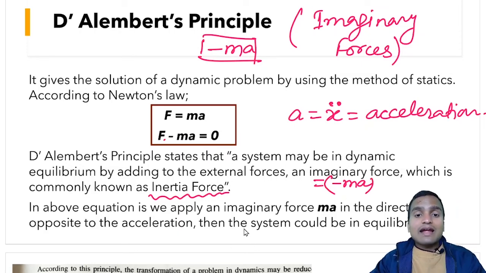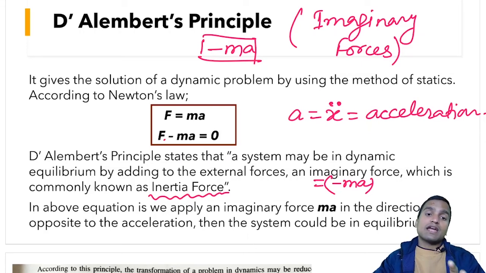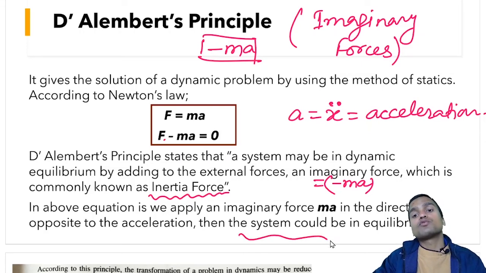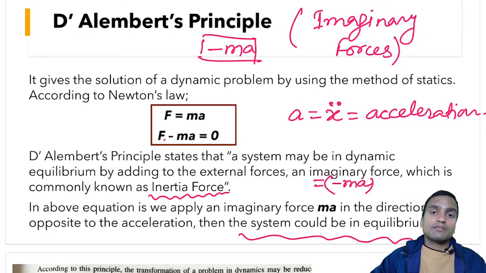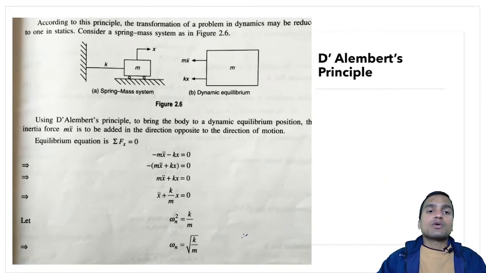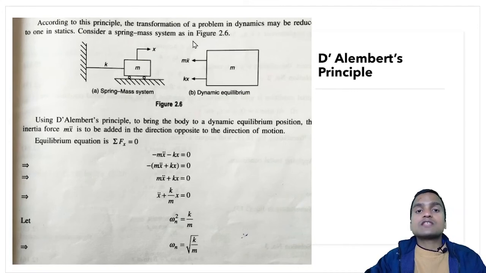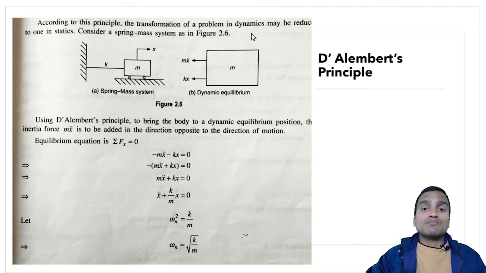If we apply that amount of imaginary force on a dynamic system, then the system could be in equilibrium, and that equilibrium is dynamic equilibrium. So according to this principle, the transformation of a problem in dynamics may be reduced to one in statics.